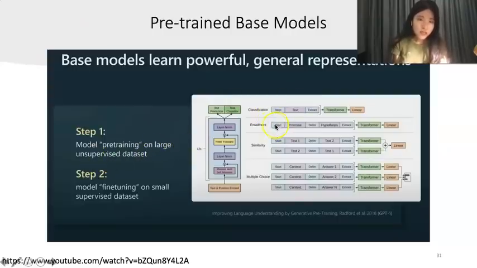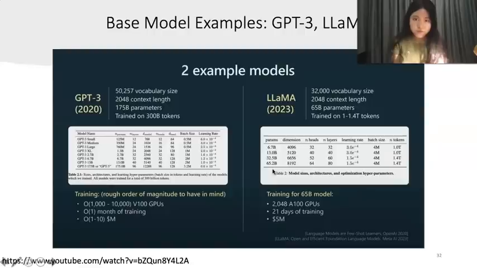To be used for downstream tasks, you can add some further layers or any architecture that you want to be used for your classification tasks, your entailment, similarity, and multiple choice, and many other downstream tasks. And two base model examples, GPT-3 and Llama. You can compare them.